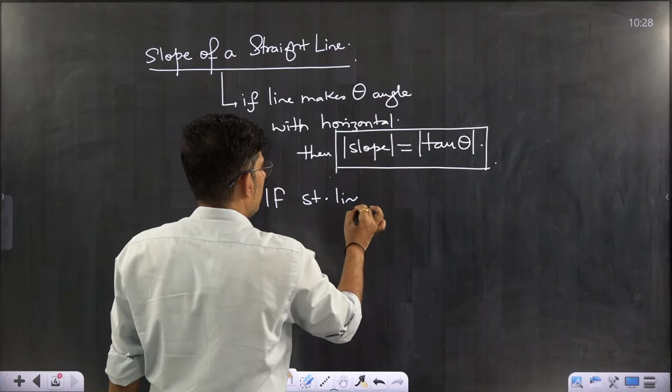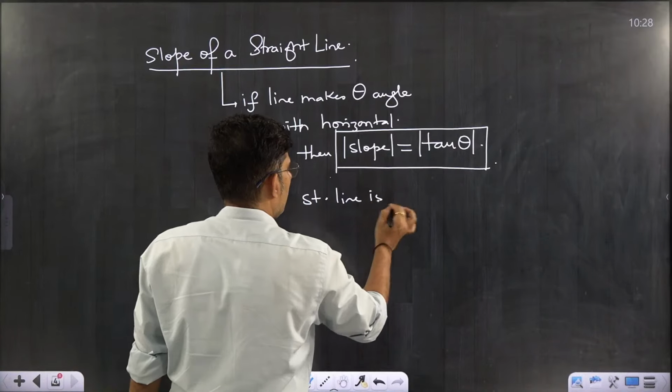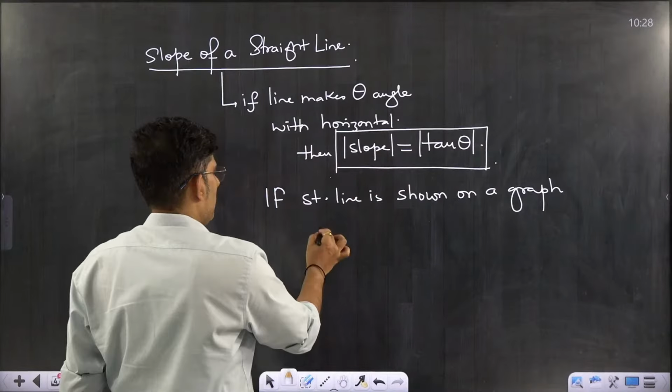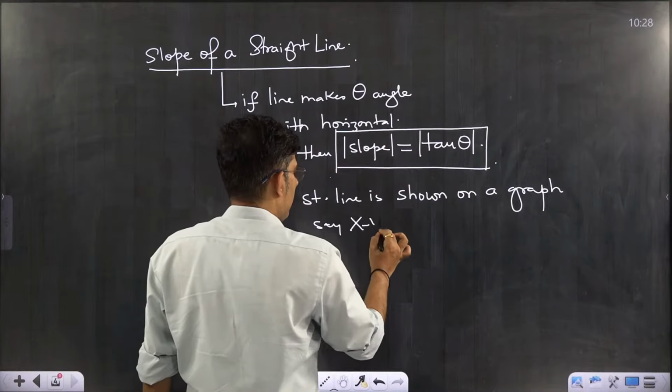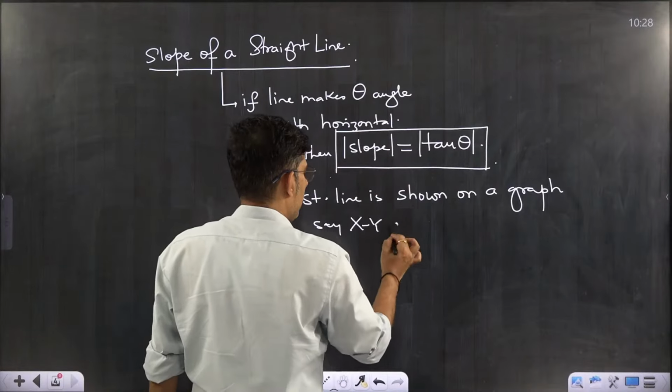If a straight line is shown on a graph, say an XY graph, if they give you a graph of X and Y and then a straight line is shown on it, then we will take the slope magnitude, which is the magnitude of tan theta. We will simply do what?